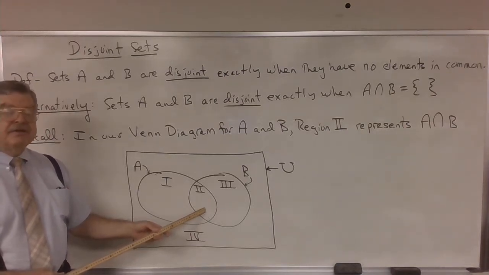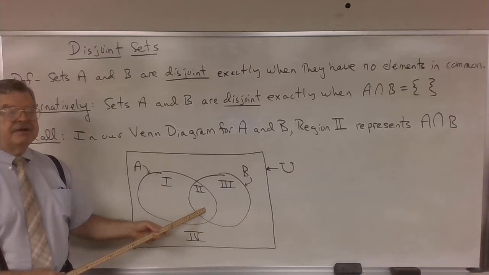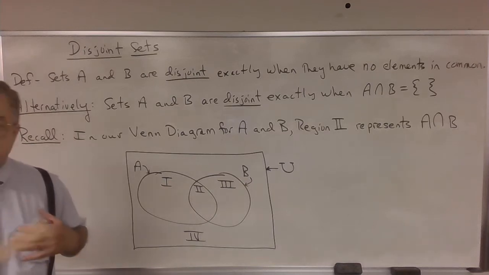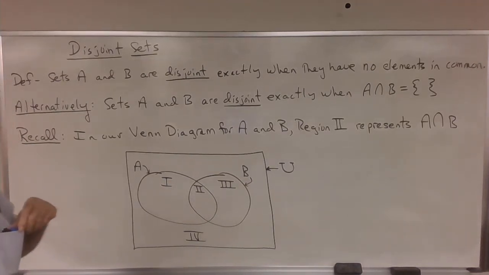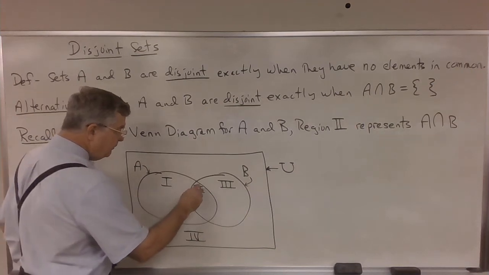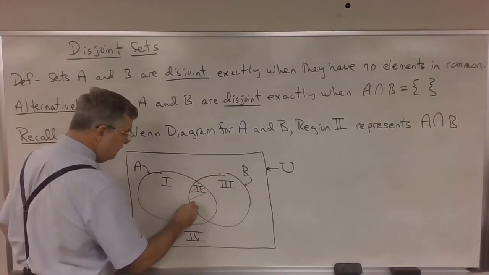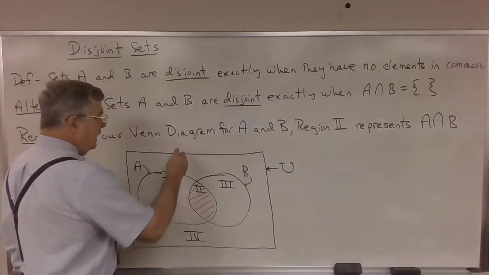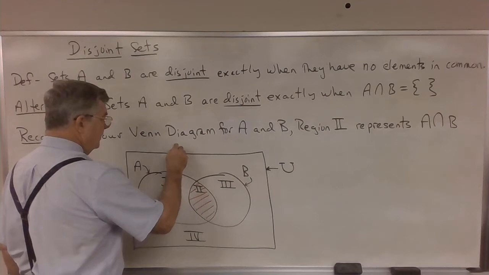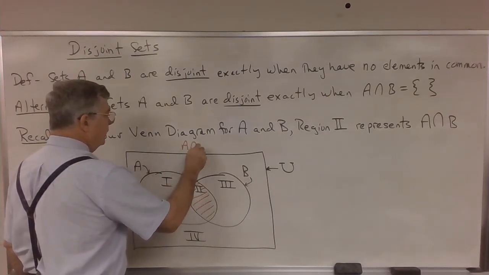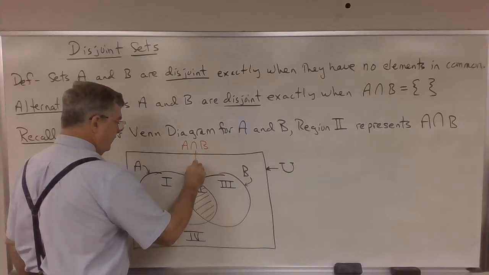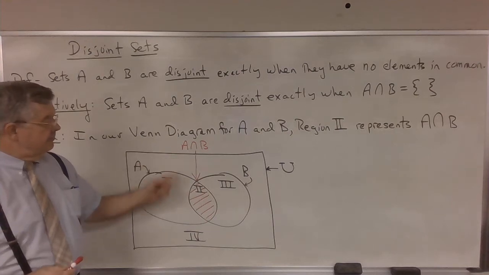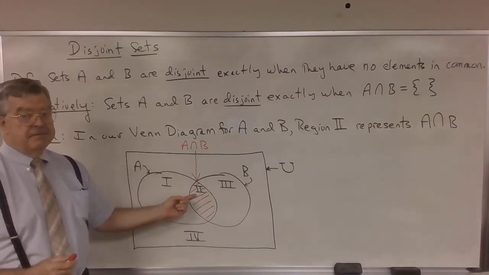Region 2 is going to contain all of those elements that are contained both in A and in B. So let me shade region 2. And we'll note that A intersect B is region 2.